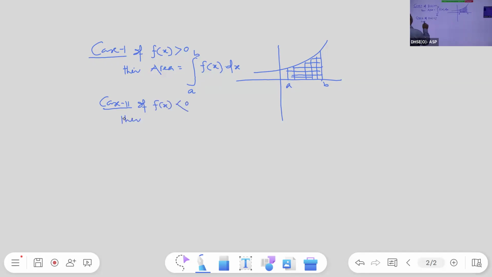then area equals minus integral a to b f of x dx. Area equals to minus integral a to b f of x dx.